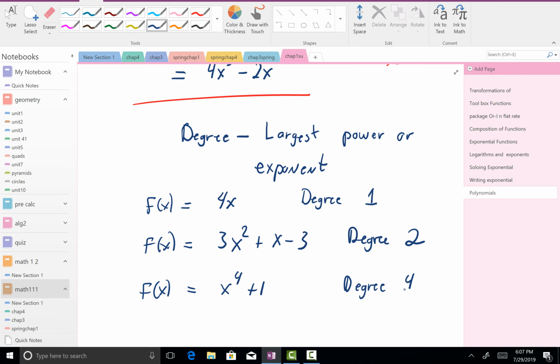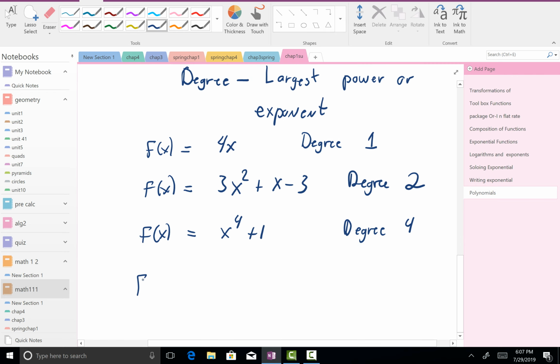Well, that's a third degree polynomial. Well, that's a second degree polynomial. Okay, well, that's a fourth degree polynomial. That's what we're going to be using. So I want to make sure that when you hear that word degree, you can associate that with the power. And they're going to ask you about the degree.